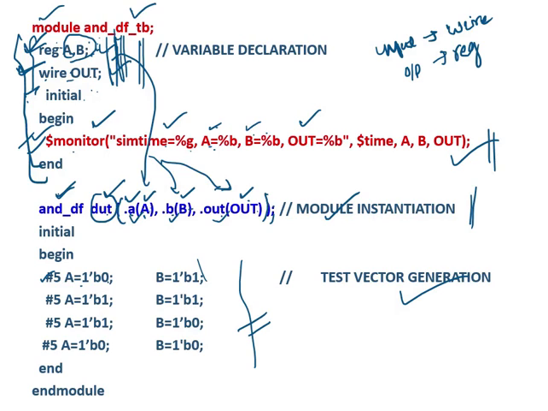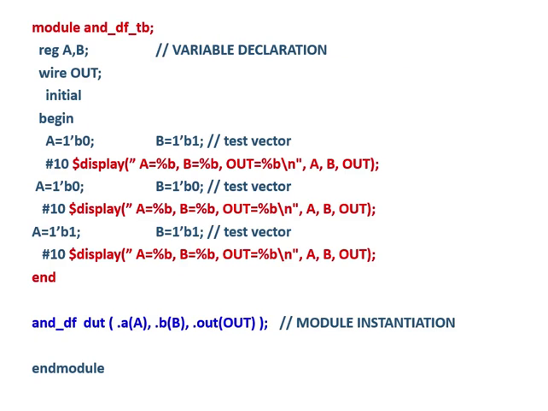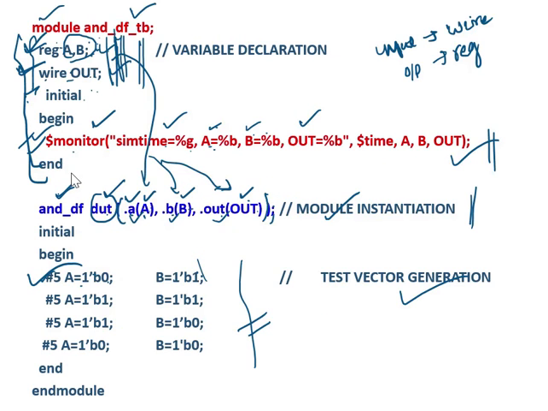And I explained this monitor part, what happens. Whenever there are changes, for example here I am changing A and B value, it will be updated. And you remember this $time, it represents the simulation time from 0. So the first time step will be 0. This is a predefined keyword we can say.